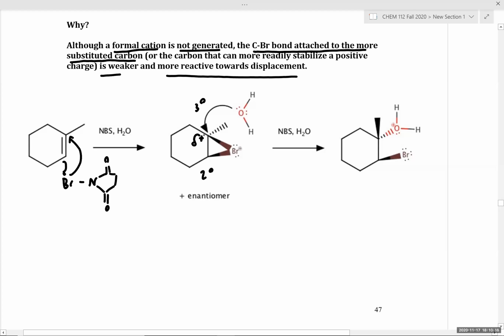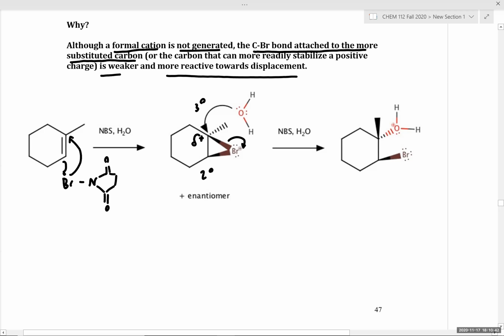Which position, tertiary or secondary? Tertiary, yep. That's why we observe preferential attack at the tertiary position, because it's the most electrophilic site, can most readily accommodate a partial positive charge, and in turn is more reactive towards attack by our nucleophile.